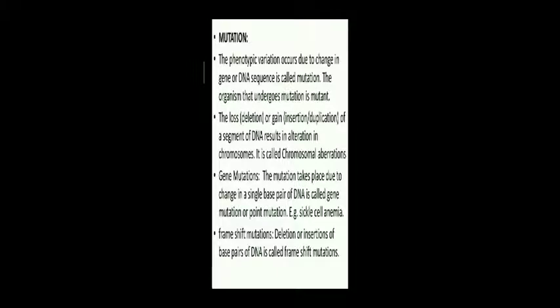Further, autopolyploids are polyploids with multiple chromosome sets derived from a single species. And allopolyploids is where chromosomes are derived from different species. That is, result of multiplying the chromosome number and forming a hybrid.